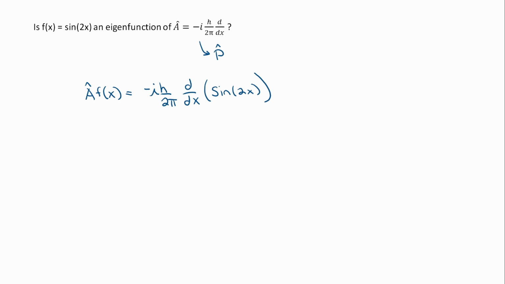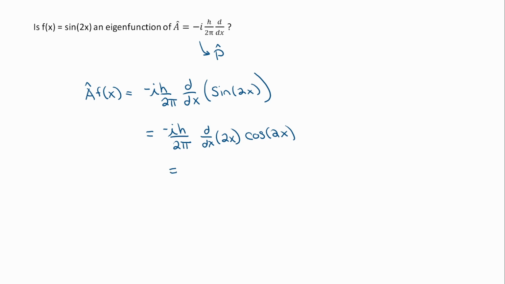And if we actually apply this transformation, we have negative i h over 2 pi. The derivative of any sort of sine term, we'll have to take the derivative of the inside quantity. So we're going to take the derivative d over dx of 2x, just like from before with the exponential function. And the derivative of a sine function ends up giving us a cosine function with the same quantity on the inside.